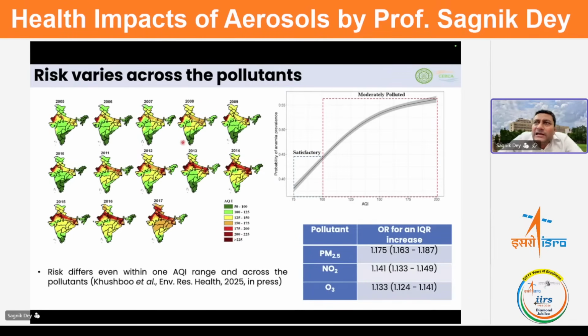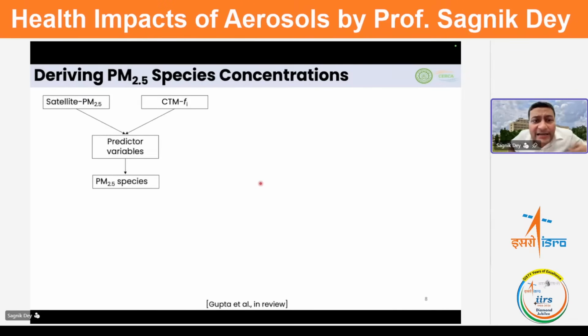So we have also now generated information about PM composition. And I'm just showing one example for black carbon. You all know that black carbon is a climate forcer. It's a short-lived climate pollutant. And there is a lot of interest in understanding black carbon.